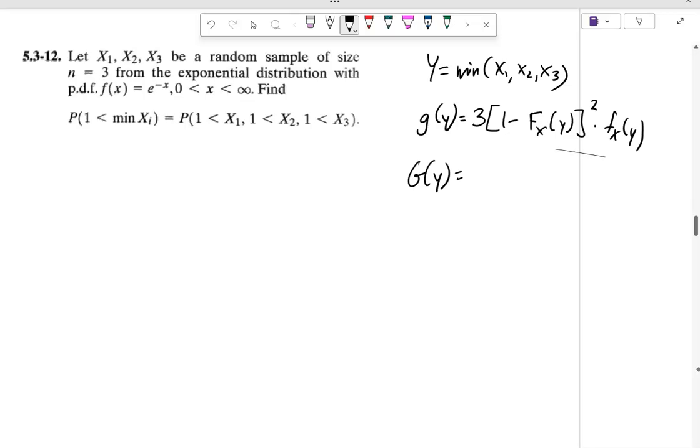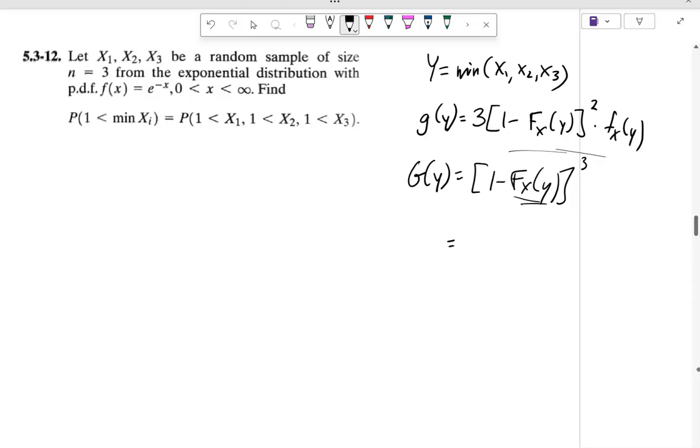Well, this was the derivative, right? It was the derivative of what? Yeah, it was just the 1 minus to the third power, right? We agree? That's just in general, isn't it? That is the CDF for y. This is referring to the CDF for x.